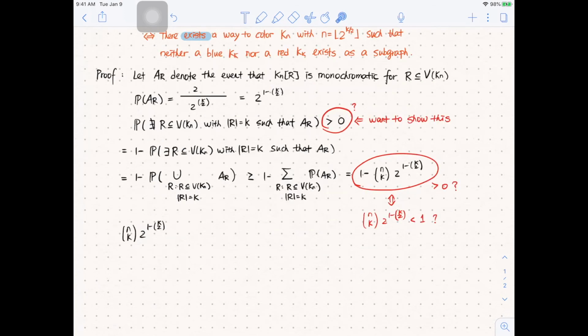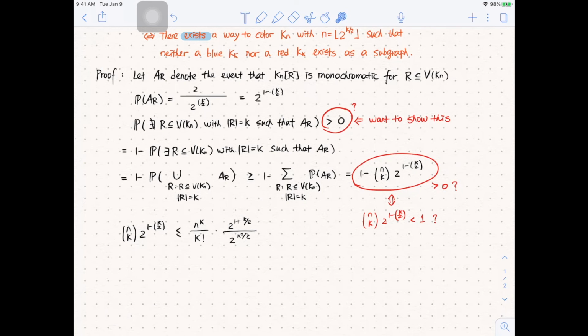Now let's open up this n choose k and k choose 2. We can see that this quantity is less than or equal to n to the k power divided by k factorial, multiplied by 2 to the 1 plus k over 2, divided by 2 to the k squared divided by 2.